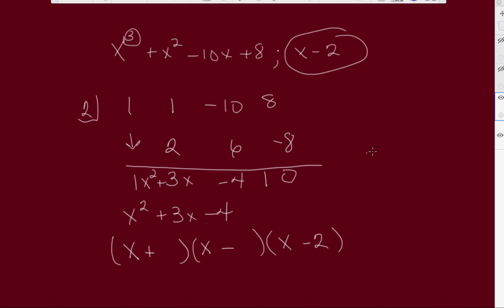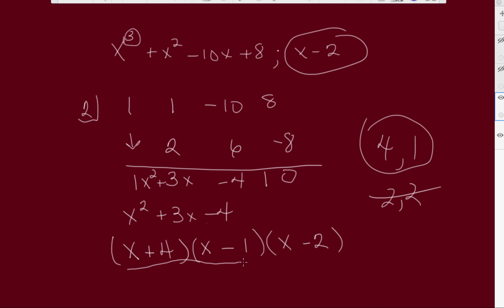Now the only way we can do that is 4 and 1. 2 and 2 don't work, right? Because when you subtract 2 from 2, you get 0. So this is the only thing that's going to work. So I want my 4 to be positive. I want my 4 next to the addition sign, and that would leave my 1 right here. And this is fully factored.